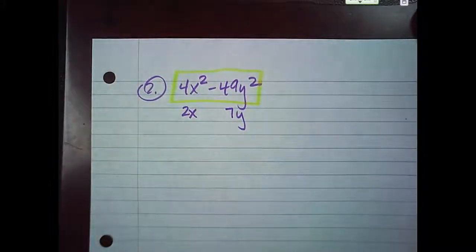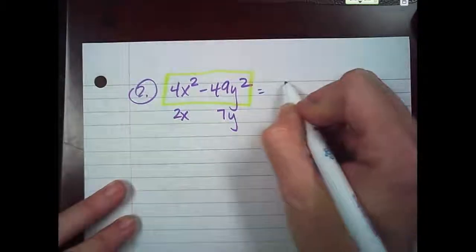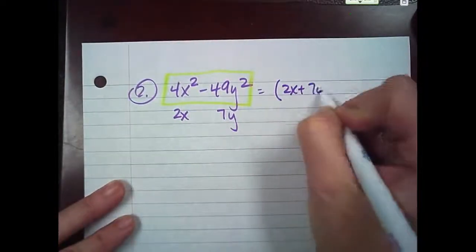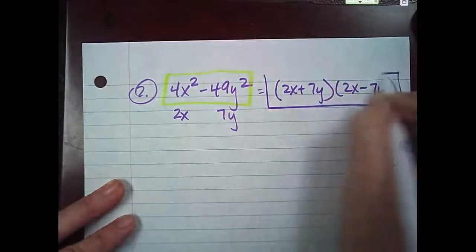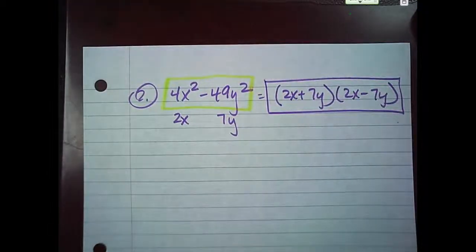You're just essentially taking the square root of it. So therefore, your trick would be 2x plus 7y and 2x minus 7y. It doesn't matter if you put the minus first, as long as you have one plus term and one minus term. Because when you FOIL it out, it's going to look like this one. The middle terms go away, and that's why it works.